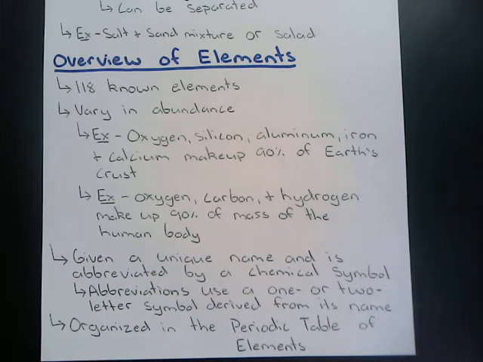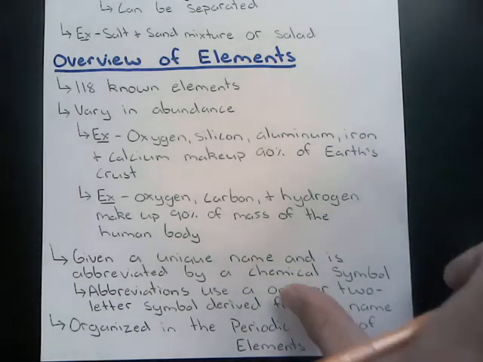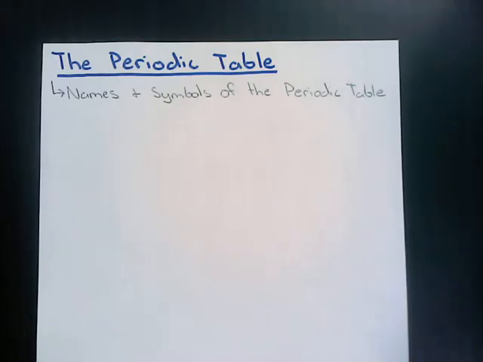We're going to talk about some of the details of the periodic table. So we'll transition pages here, and now we can get into the details of the periodic table. So the first thing that we're going to talk about is the names and symbols of the periodic table. And so how I'm going to do this is I am going to draw one element from the periodic table of elements.